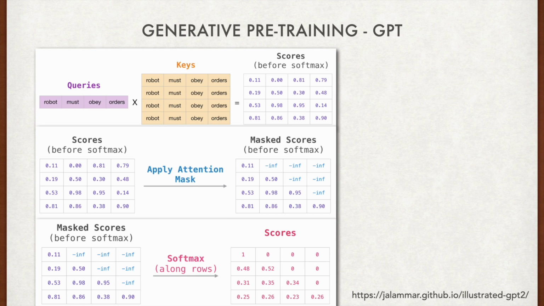Applying the softmax function over the rows, we obtain the expected behavior. The softmax cells containing minus infinity values will be transformed to 0. As a consequence, the network won't have access to those future tokens. It won't be able to see what embeddings are related to those future tokens.